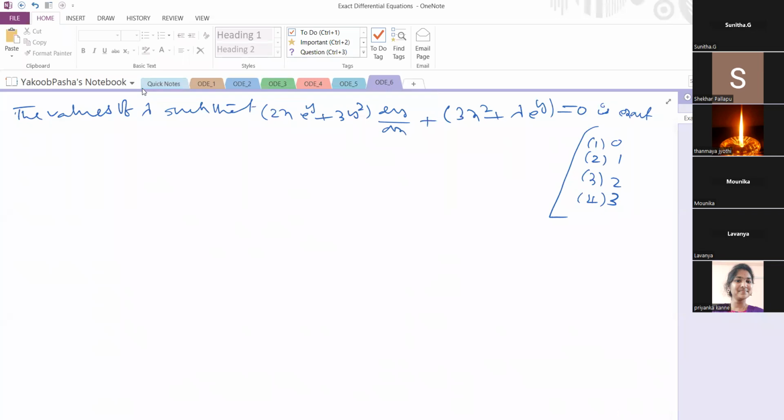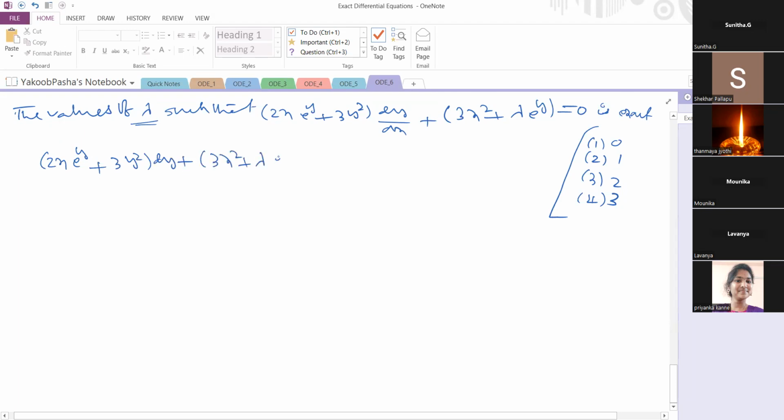Okay, we have to find the lambda value for which the given differential equation is exact. First of all, I am writing the given differential equation as 2x into e to the power of y plus 3y square into dy plus 3x square plus lambda e to the power of y dx is equal to 0.